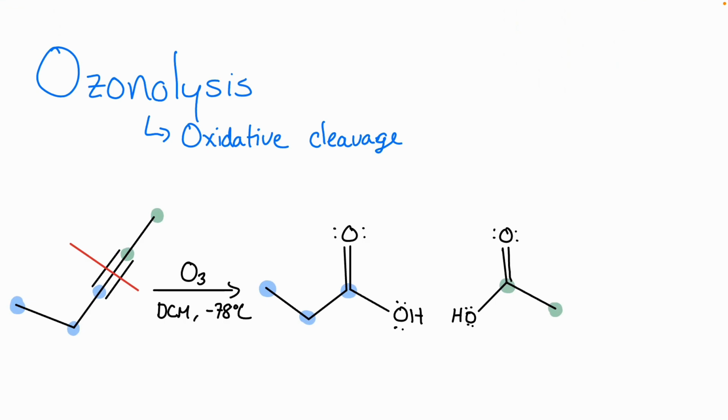So alkenes and alkynes will both undergo oxidative cleavage reactions. For alkenes, you get a carbon-oxygen double bond. For alkynes, you get a carbon-oxygen double bond plus 1 more carbon-oxygen single bond to produce carboxylic acids.